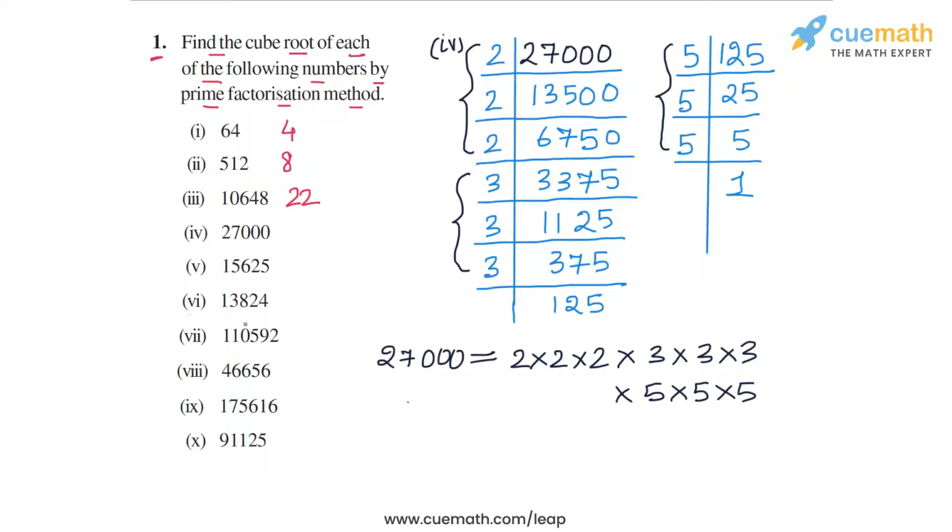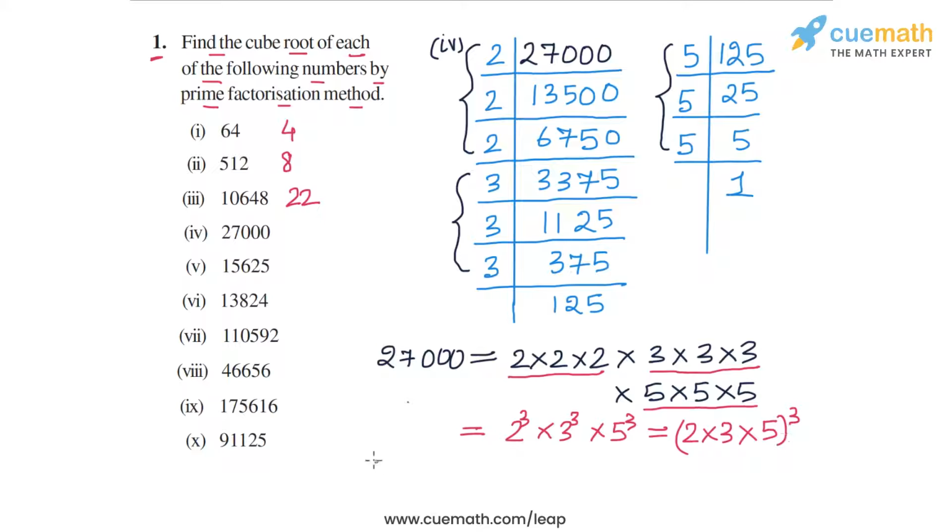So if we group the prime factors into triplets, we get a complete triplet of 2, a complete triplet of 3 and a complete triplet of 5. So we can write 27,000 as 2 cube into 3 cube into 5 cube, and this can be written as 2 into 3 into 5 whole cube.